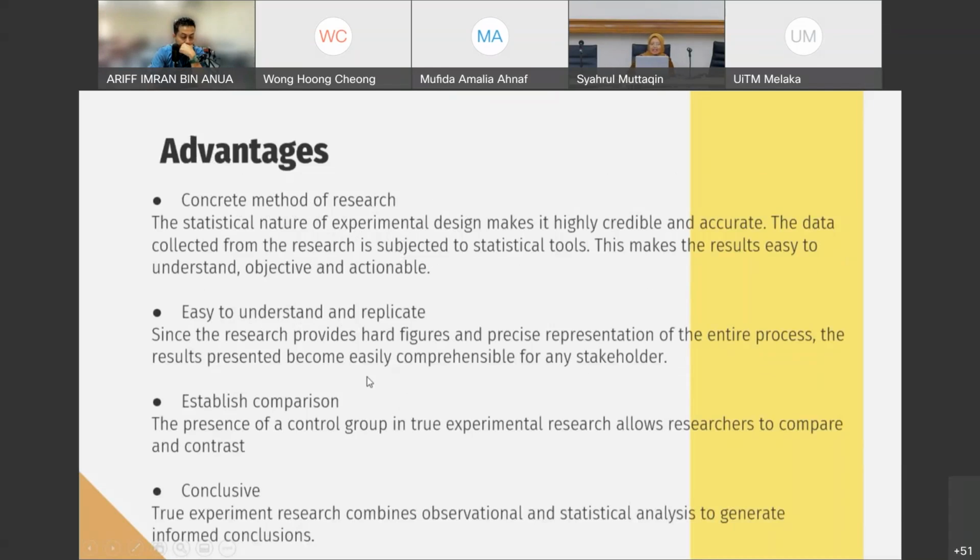It establishes comparison. Yeah. And then it is also conclusive. Since true experiment combines observational and also statistical analysis to generate informed conclusions.